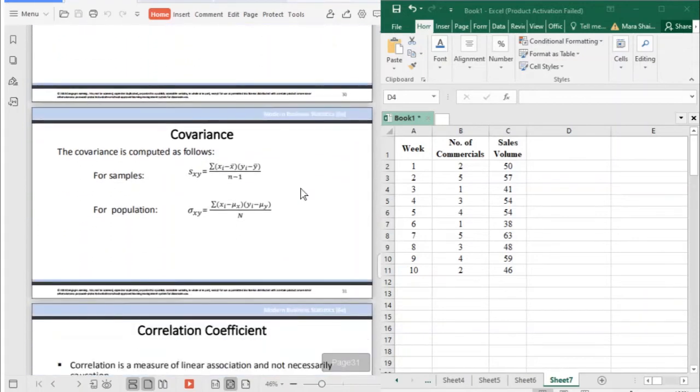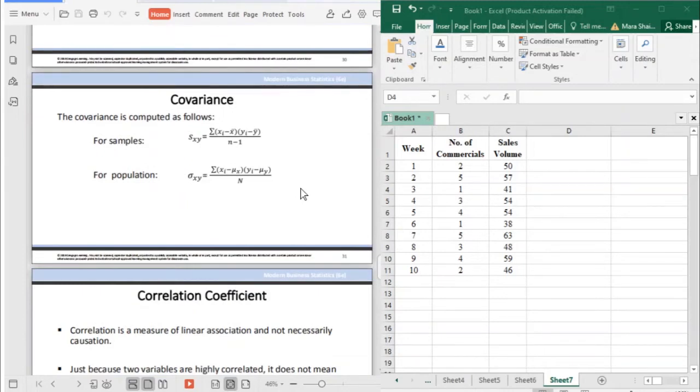This is the formula for your covariance.